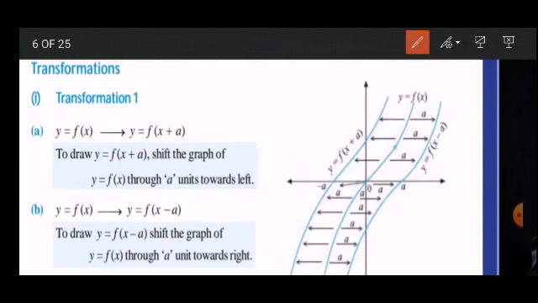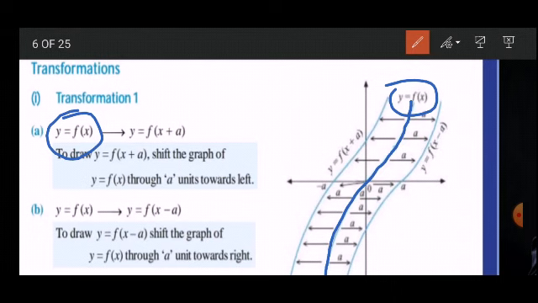We have drawn this in blue color, so let me draw with this blue color. This was y equal to f(x). We have drawn some graph which is passing through the origin. So for f of x plus a, what we have to do?